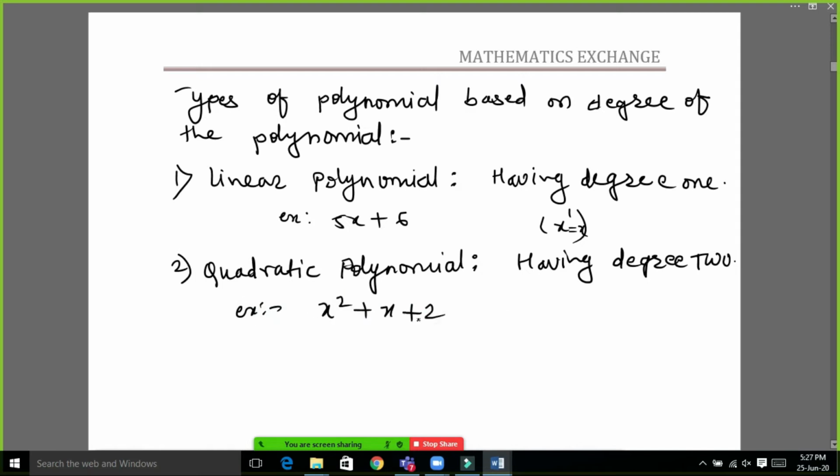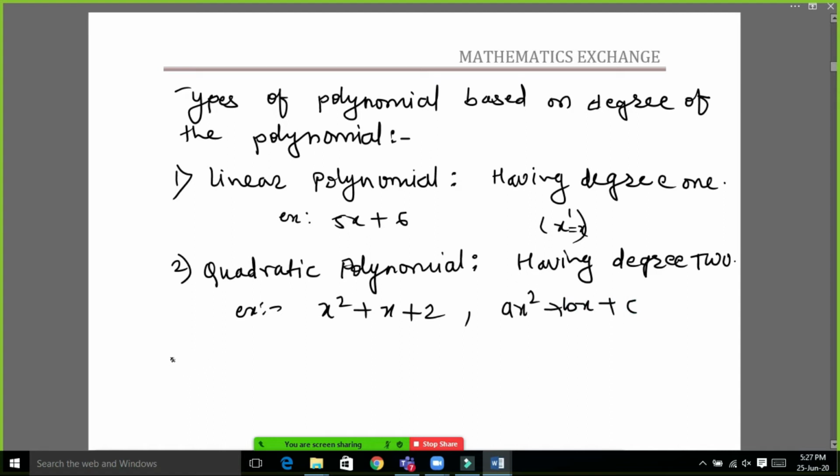Here x has highest power 2, so the degree of the polynomial is 2, so it is a quadratic polynomial. The standard form of the quadratic polynomial is ax square plus bx plus c. This is the standard form of the quadratic polynomial.